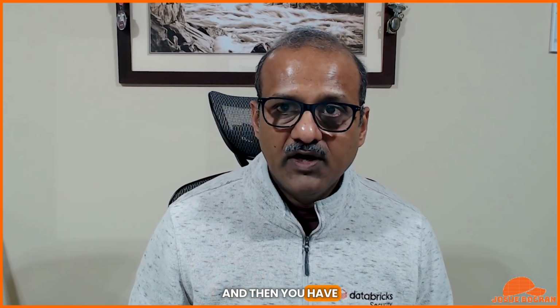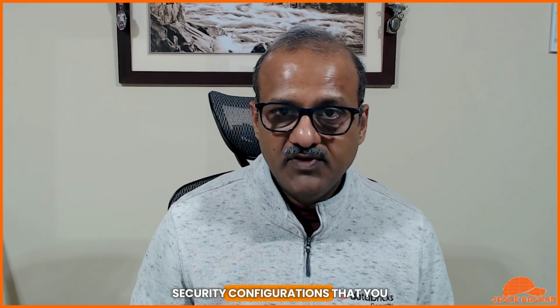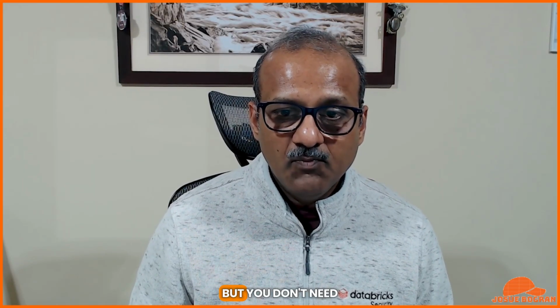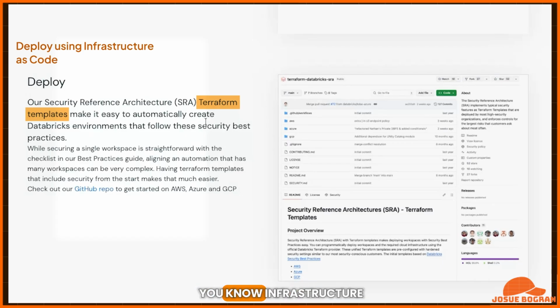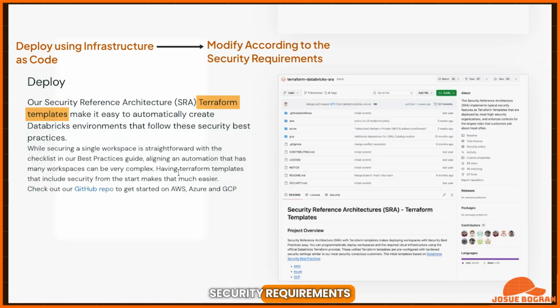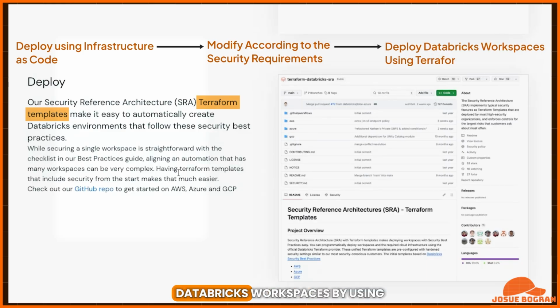Okay, so you start with those, and then you have a clear list of security configurations that you need to deploy. But you don't need to hand build that. We provide a security reference architecture as Terraform templates, so you can deploy this security as infrastructure as code, and then modify it if needed to your own security requirements. From the get-go, you can deploy your Databricks workspaces using these Terraform templates, right?